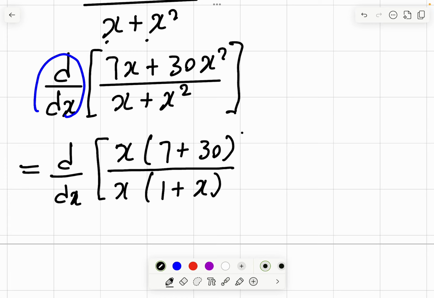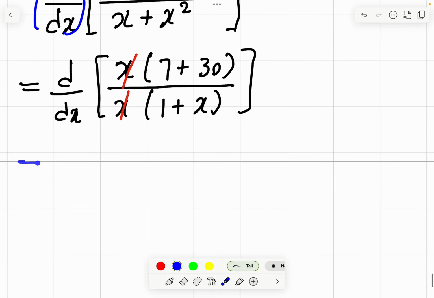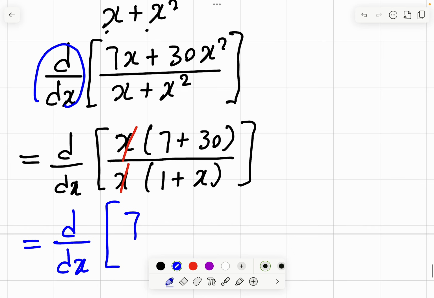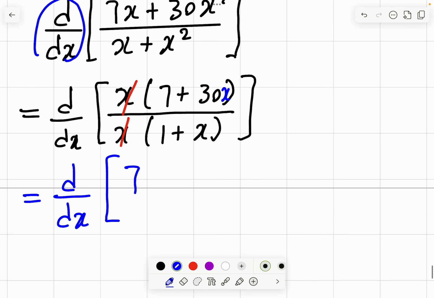Don't remove d over dx before you start to derive. So while simplifying, I'm going to have d over dx of 7 plus 30x all divided by 1 plus x.